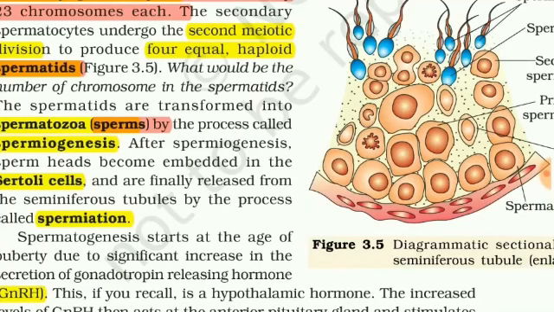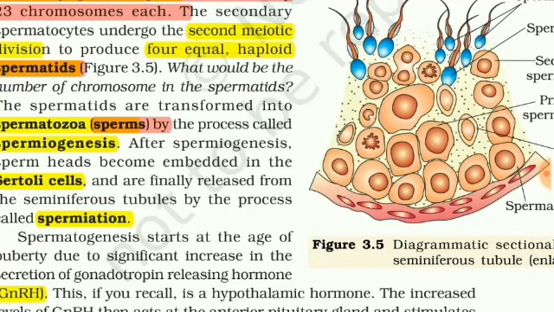Primary spermatocytes undergo which type of division? Meiosis. How many chromosomes does a spermatid contain? 23. Where does the spermatid get nutrition from? Sertoli cells. Sertoli cells only provide nutrition; they do not develop into other structures.